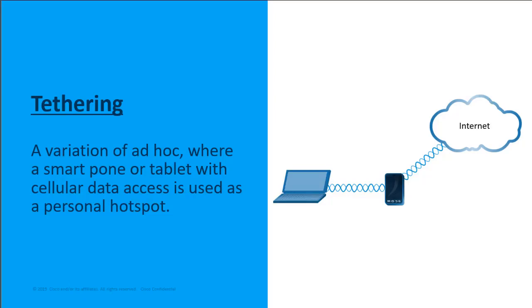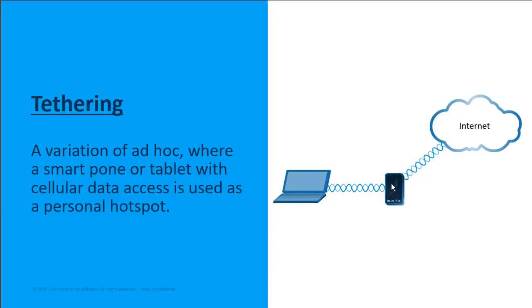So while the cellular device itself is having a connection to the internet, it is also creating a wireless signal for wireless PCs, wireless tablets, and other devices to connect to the phone or tablet that's running cellular as a wireless router. From there, our devices that do not normally have cellular data access can connect through that cellular data device, and that's called tethering.